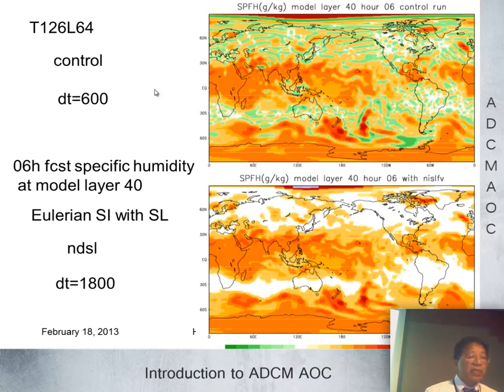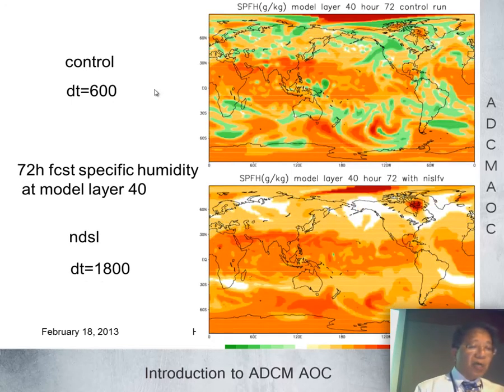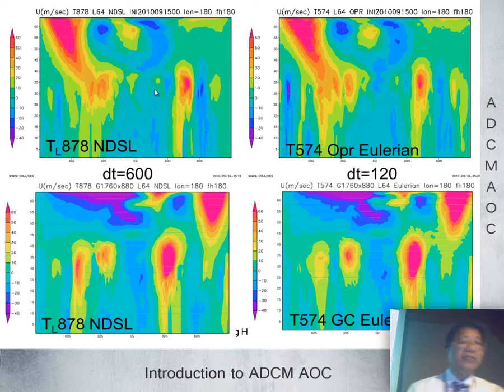Good. And so I show you some results. This is T126, and because it's semi-Lagrangian, if the starting point of moisture is positive, then we can have a positive direction. So in the upper panel, the green value is negative because there's a spectral part there, and the bottom one has no negative value. All the previous people like this because they have to treat the negative moisture, and that's not physical.